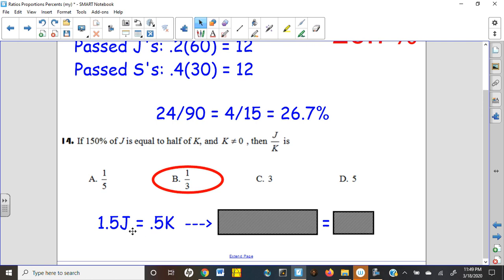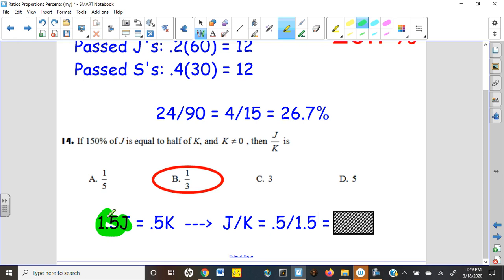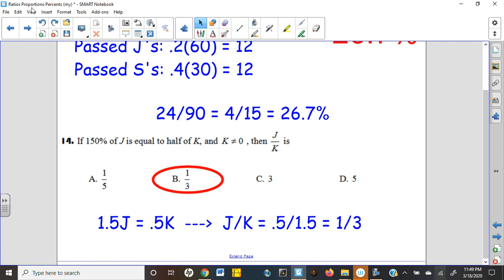That probably means that we want to leave the J in the numerator and divide everything by K. So we'll get J over K, but that means I need to get rid of this 1.5, so let's divide both sides by 1.5. With a couple algebra steps, I end up with J over K equals 0.5 over 1.5. And of course, everybody knows 50 cents goes into $1.50 three times. So 1/3 would be the answer.